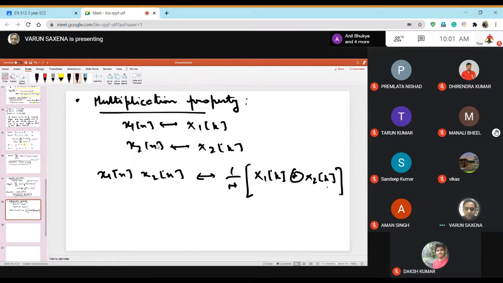Much like what we studied in linear convolutions. So this is what it is.